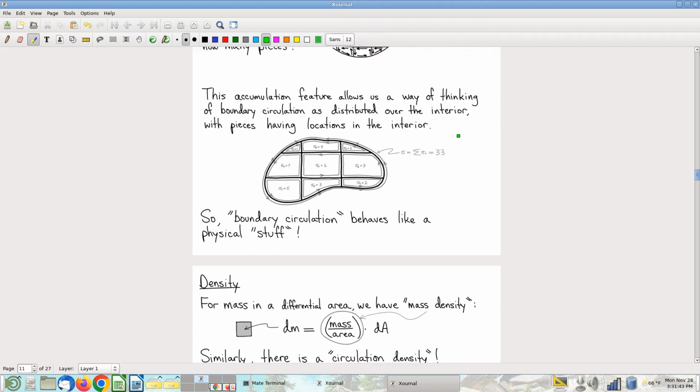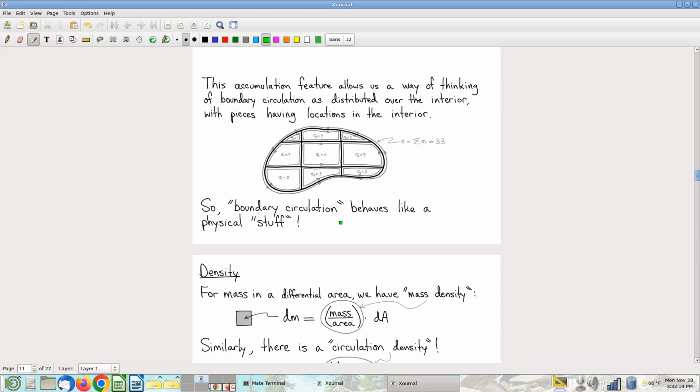We drew this picture and, much discussion ensues. We pointed out that because of the accumulation property, you can think of boundary circulation as actually happening in the interior, and in particular, you can think of it as behaving kind of like a stuff. It's a stuff-like thing, at least in terms of how it behaves in the equations. Whether it's physically stuff-like isn't the point, of course, but it behaves mathematically as if it's stuff, as if it's kind of like mass or something.